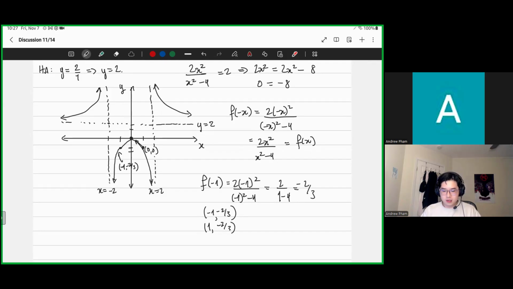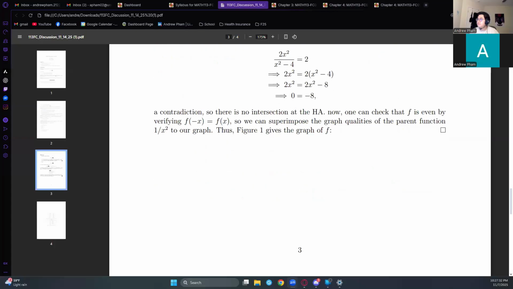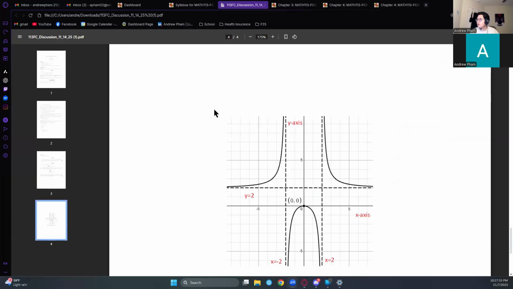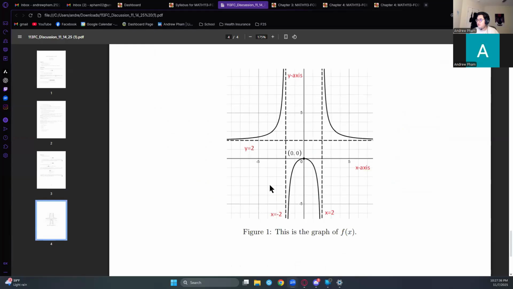Now, if you don't believe me, I'm going to share my screen over here. Like so, you can see here the graph of the same function on Desmos.